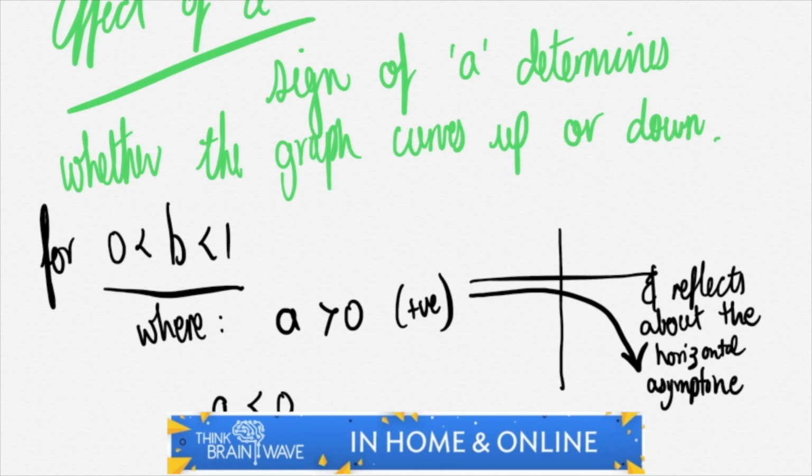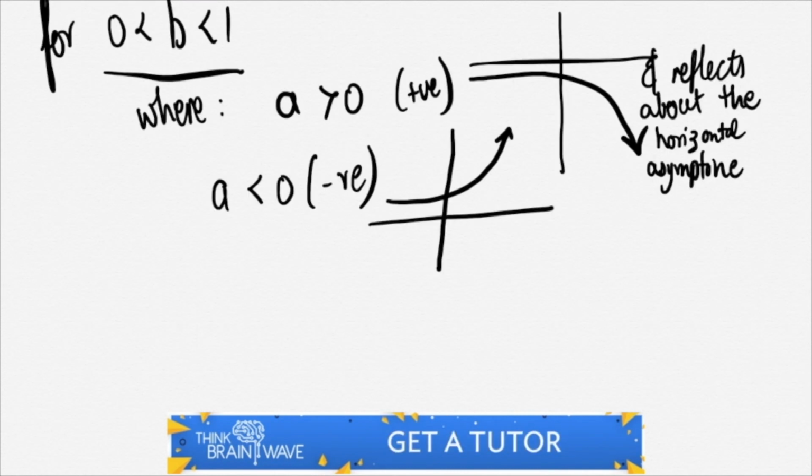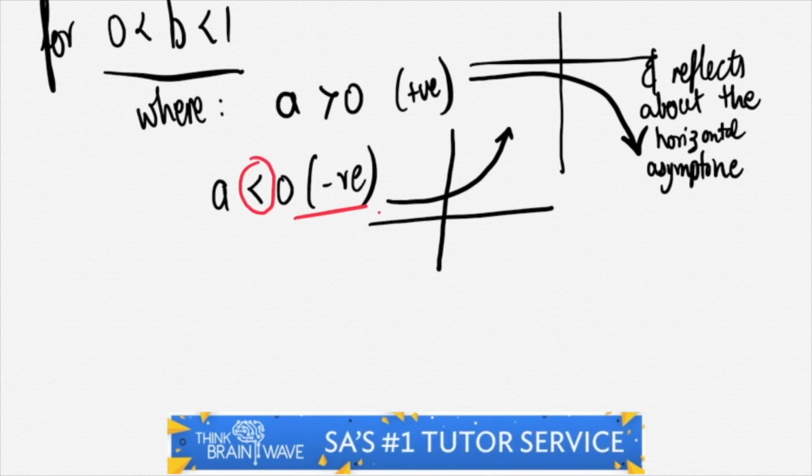We then say if a is negative, then the graph goes upwards. Just remember that this is only for when b is greater than naught or less than 1.